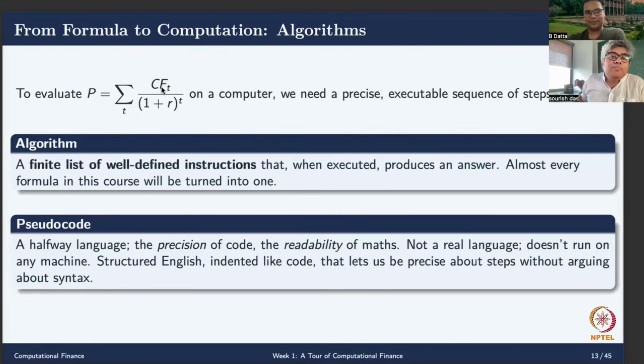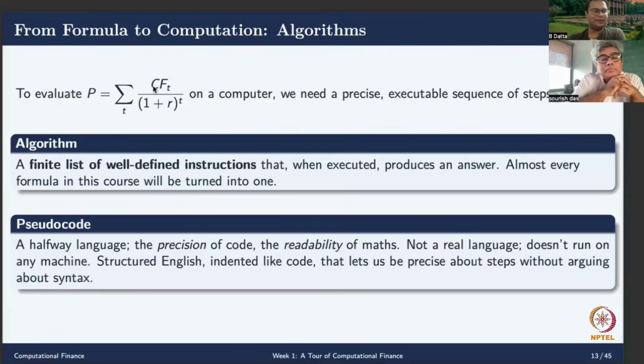We just provide the cash flows and the discount rate, and the computer will calculate the present value of all the cash flows and give it to us. That will make our life very, very simple. That is where the concepts of algorithms and pseudocode come in, which will help us compute these kinds of financial values so that we can focus on analysis of the financial terms in the long run.